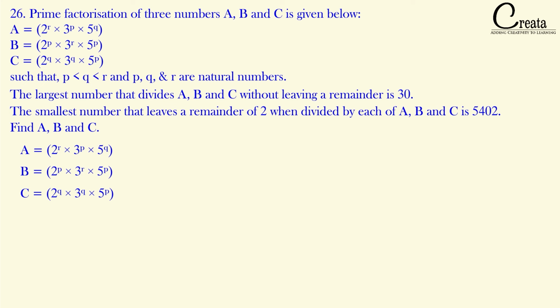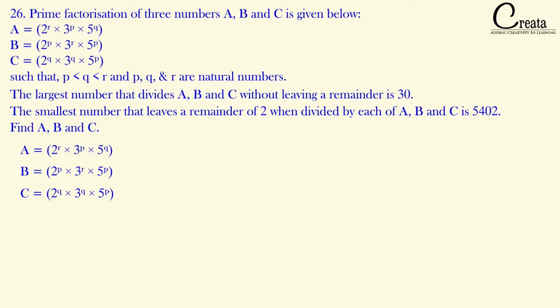Further, the powers of 2, 3 and 5 are given in the numbers a, b and c. Like in the number a, the power of 2 is r, the power of 3 is p, and the power of 5 is q. Similarly, for b and c also, the powers are given in the form of p, q and r. And in this question, we have to find the value of a, b and c.